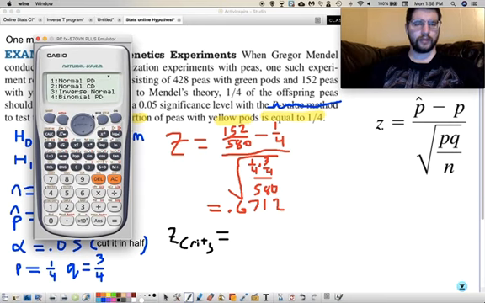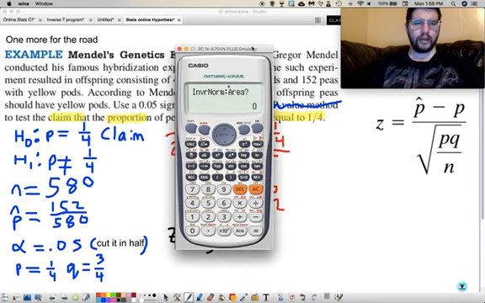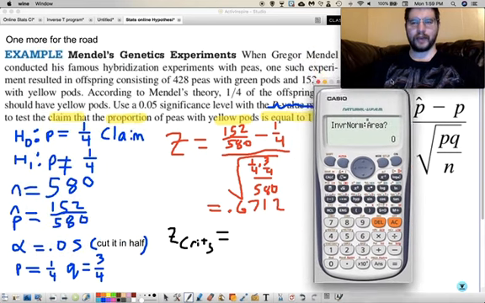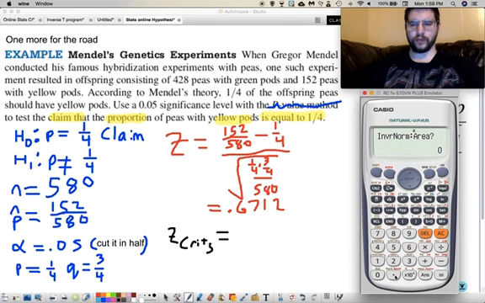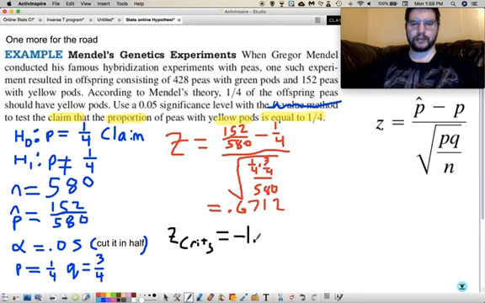Mode 3, inverse normal. Alpha is 0.05, cut that in half, 0.025. Or, if you want to, you can do 0.05 divided by 2, if you're not comfortable dividing by 2 in your head. And leave those alone. 1.96. So we have a negative 1.96 and a positive 1.96.